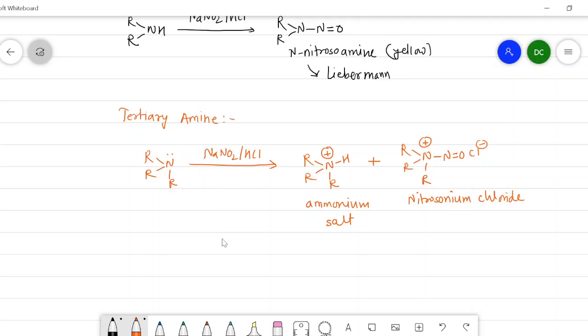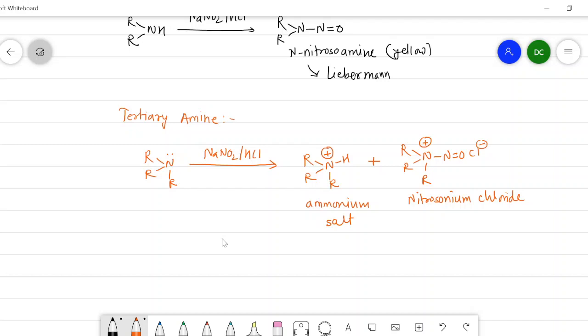In this way, we can differentiate a primary, secondary as well as tertiary amine, and we can differentiate a primary aromatic amine and a primary aliphatic amine depending upon the reaction with nitrous acid. If we get a stable diazonium salt, then it is an aromatic amine and a primary one.